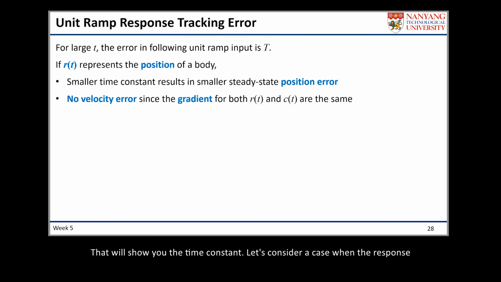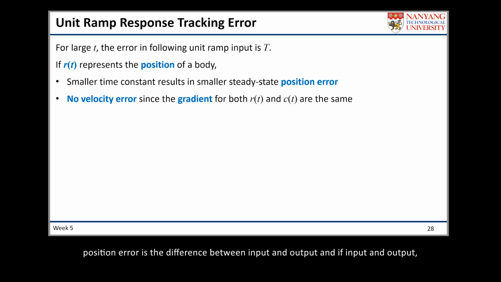Now let's consider a case when the response as well as the input is representing a position or the displacement of your system. A smaller time constant means you will have a smaller steady state position error. What I mean by position error is the difference between input and output.